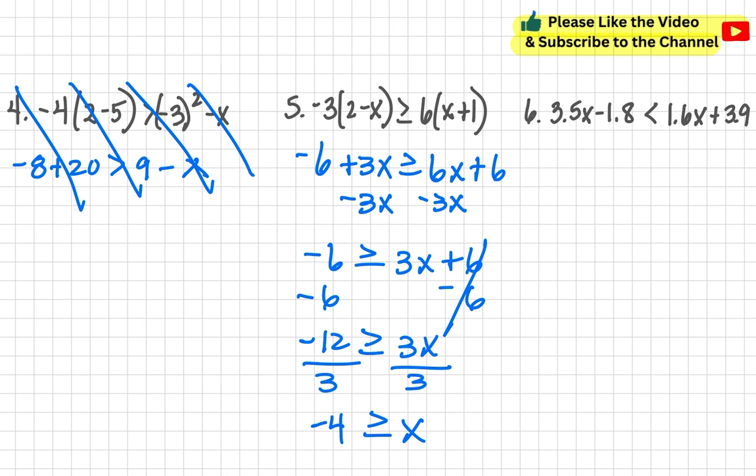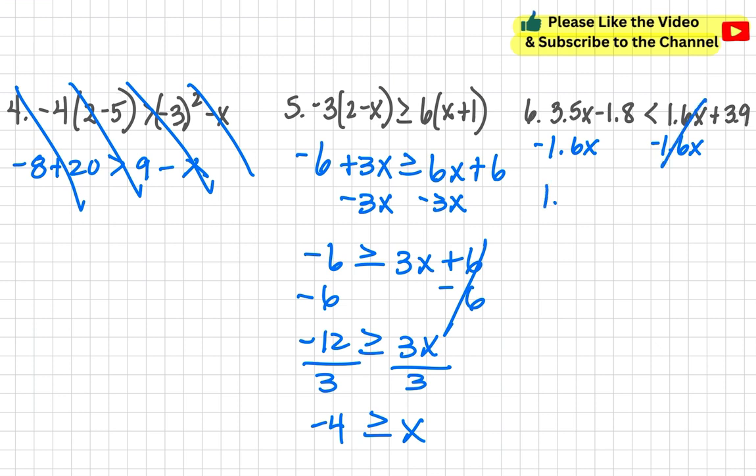And the last one, for practice sake, and that's what math is always going to be, guys, just practicing your work. We need to see how we can isolate the best. I'm going to bring this 1.6x to this side. So since it's positive, I'm going to do negative 1.6x, negative 1.6x. That's going to be canceled.